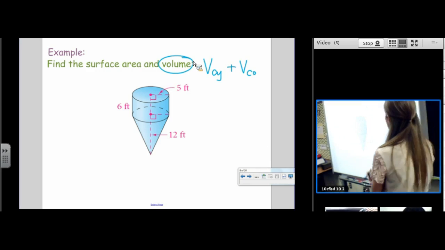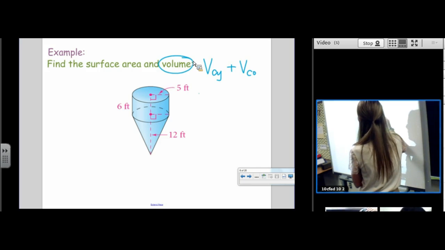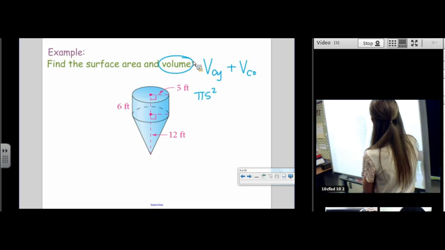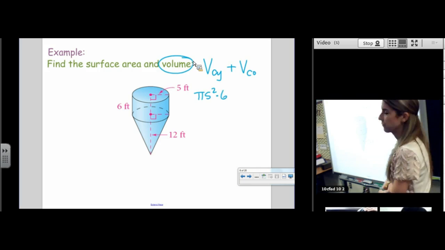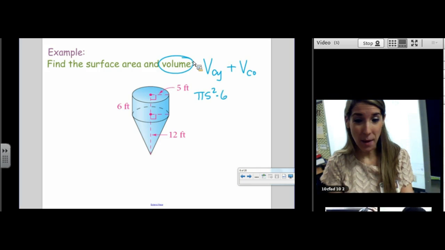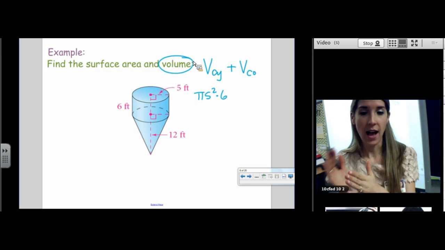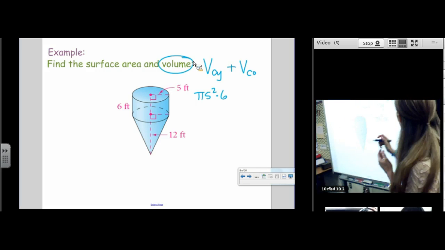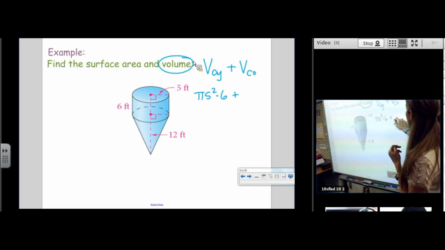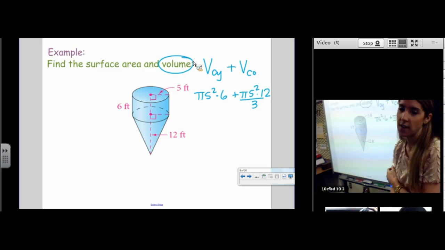Okay, the volume of the cylinder. Base times height. That's all there is to it. Base times height. That's cool. The base is pi r squared. The height is 6. Okay, what about the volume of the cone? It is base times height. Don't forget, divided by 3.